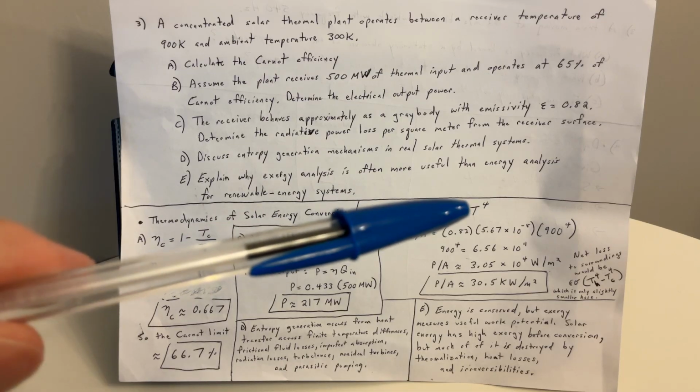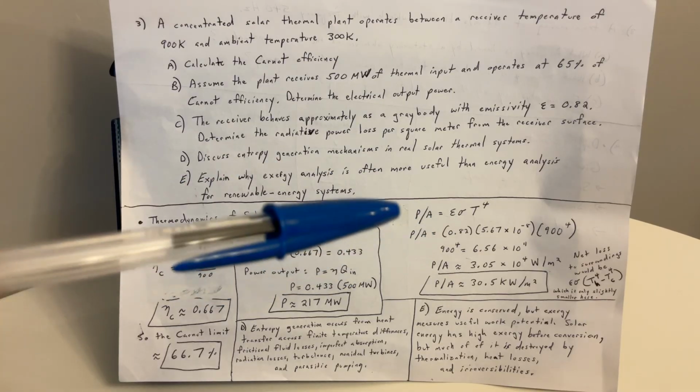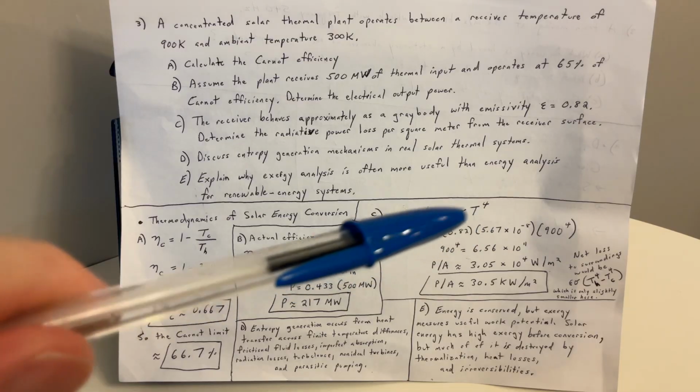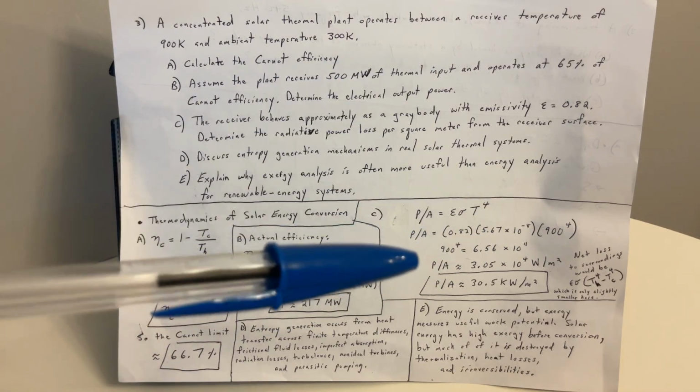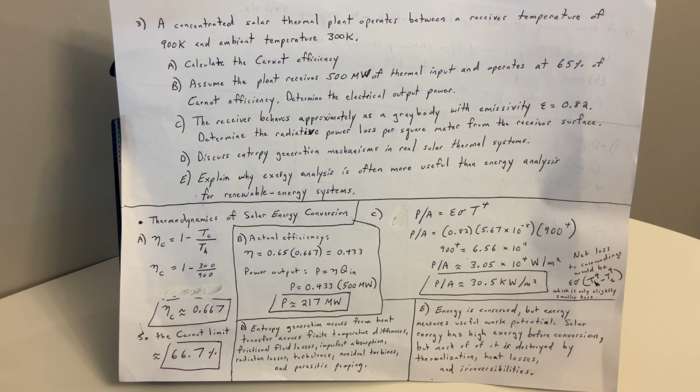So we're going to use the formula given here and substitute our values. 900 to the 4th, when we substitute everything in and do the computation, 6.56 times 10 to the 11th, and what we're going to get is 30.5 kilowatts per meter squared.